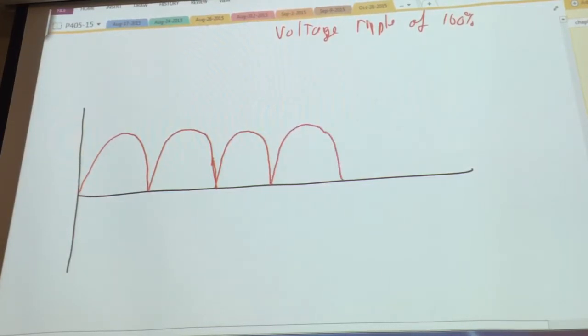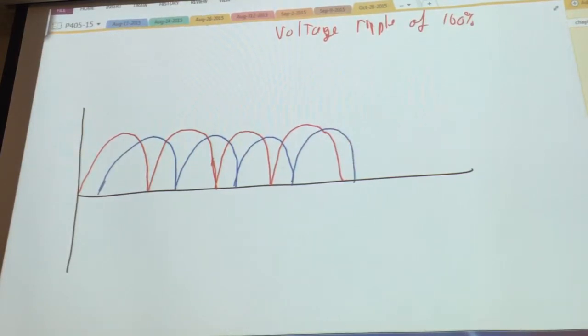Some enterprising engineer said, what I'm going to do is take 3 of these and superimpose them, but I'm going to stagger them slightly. So this engineer said, I'm going to put another one here, and a third one like so.